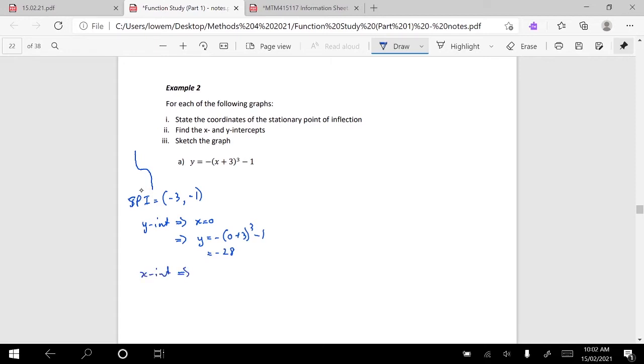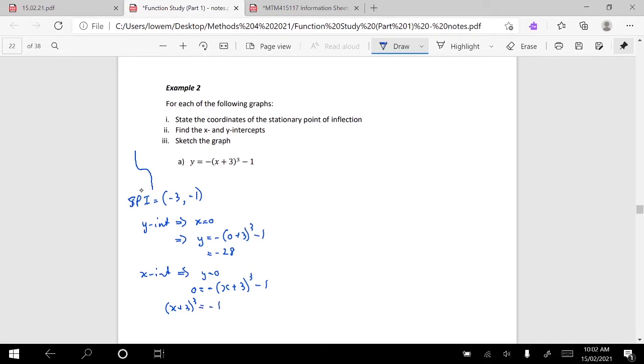For the x-intercept, we let y equal 0, and so we have 0 equals negative (x plus 3) cubed minus 1. Let's bring this over to the left hand side, so we have (x plus 3) cubed on the left hand side will be positive, equals negative 1.